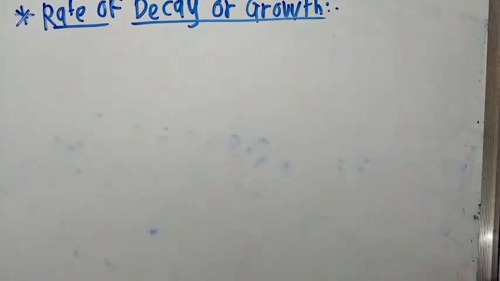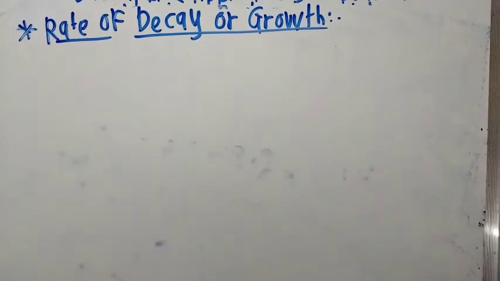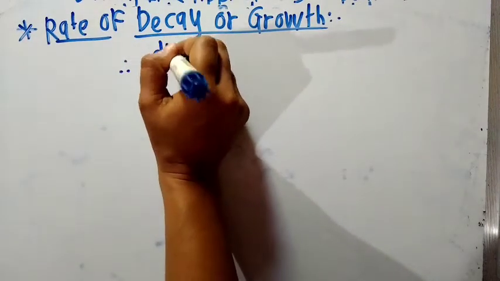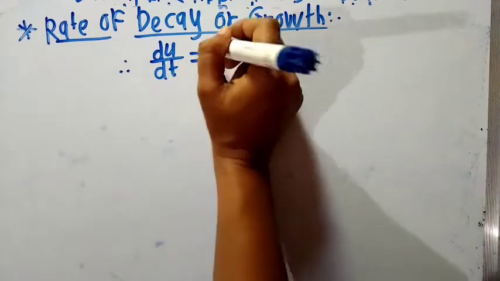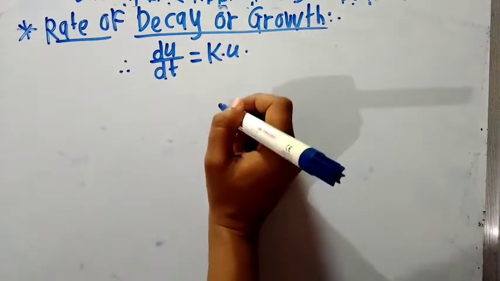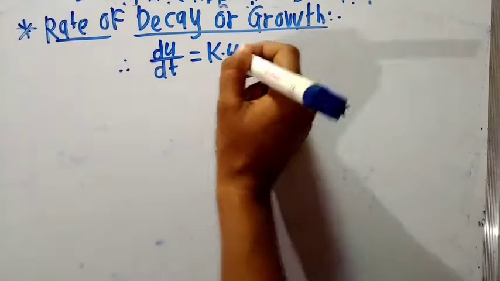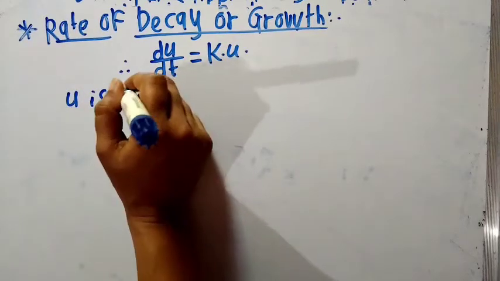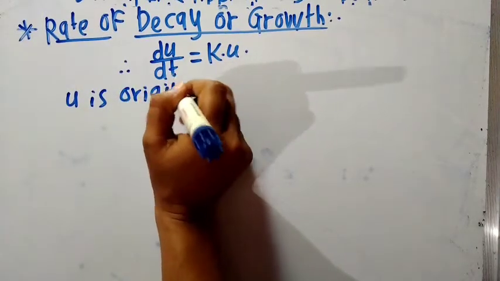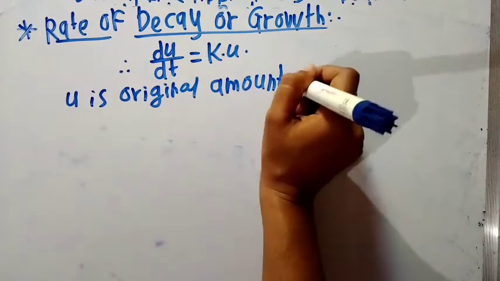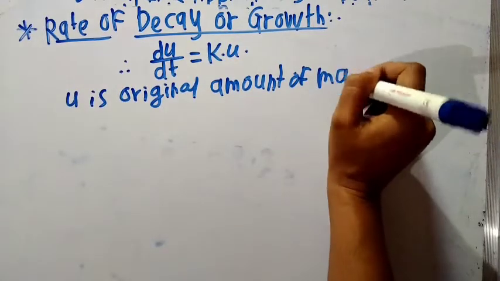So du/dt is equal to k into u, and here u is the original amount of material.